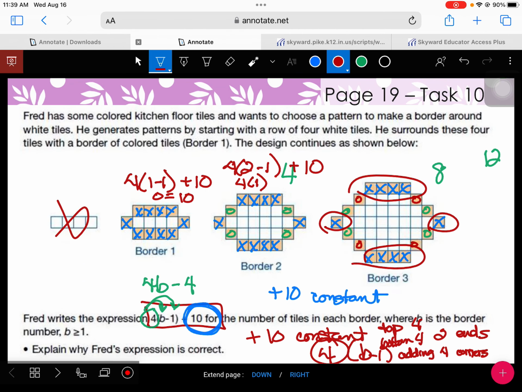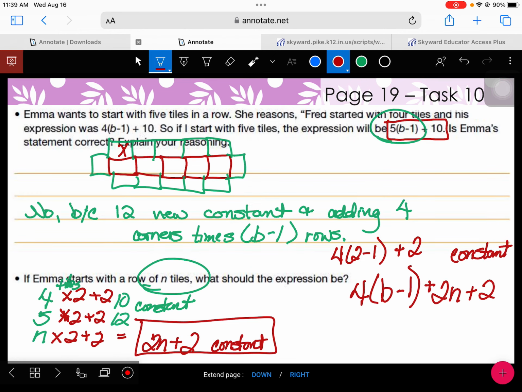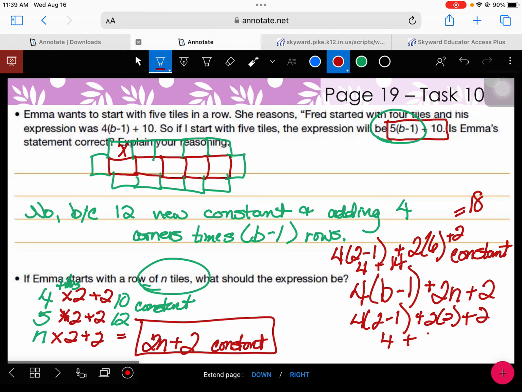In border 2, I have 1, 2, 3, 4, 5, 6 tiles. 2 times 6 plus 2. So 4 times 1 is 4, plus 12 plus 2 is 18. No, 12 plus 2 is 14, total of 18. If they were the same, it would be 4 times 2 minus 1 plus 2 times 2 plus 2, which is 4 plus 2 is 6, which is 10. So they are not the same.